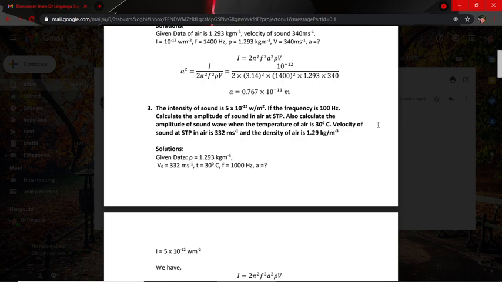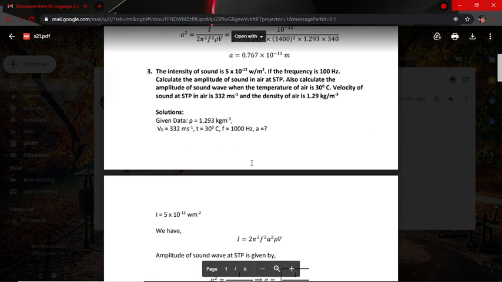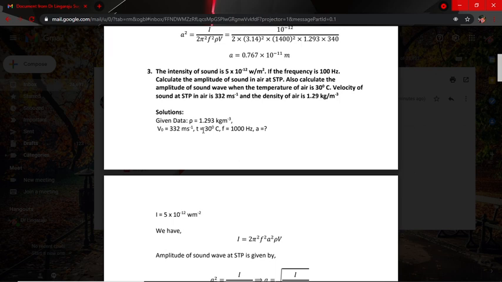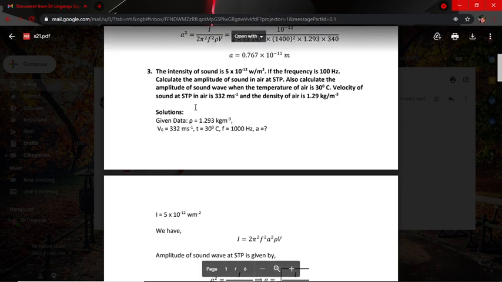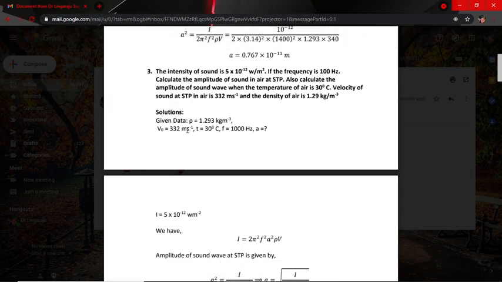First we have to understand the problem, write the given data, then write the required formula. So think it, guess it and write it. If you know the formula and understand the problem, you can easily calculate all these things. Here you see the given data: density of air, velocity of the sound wave, 332.